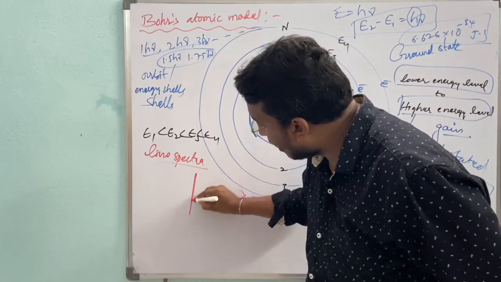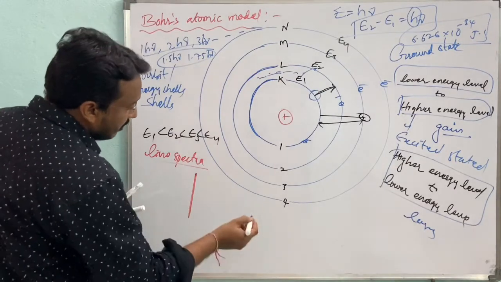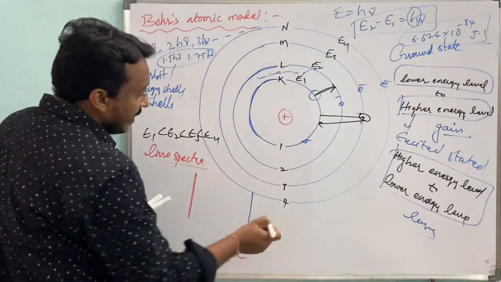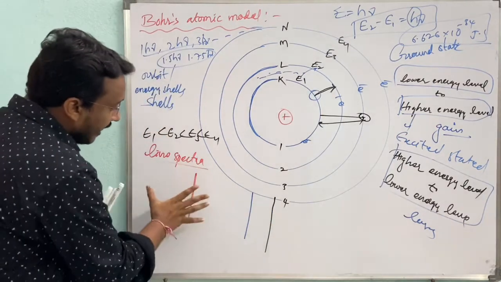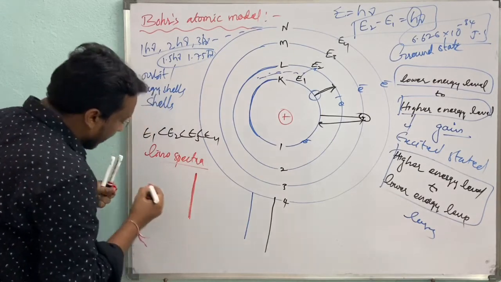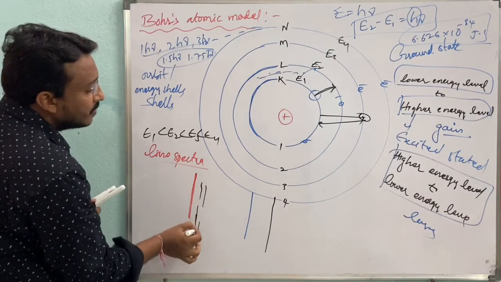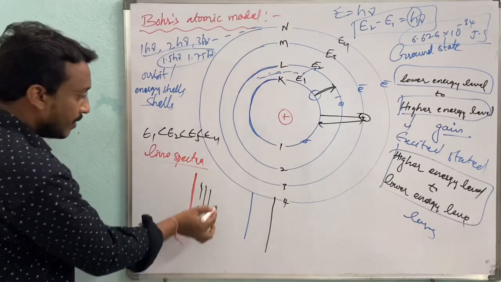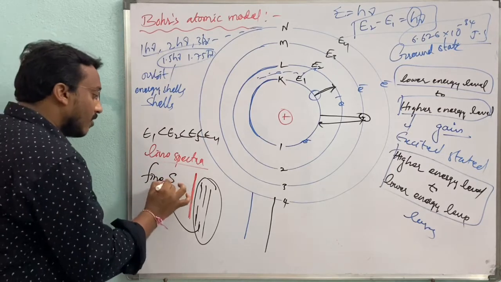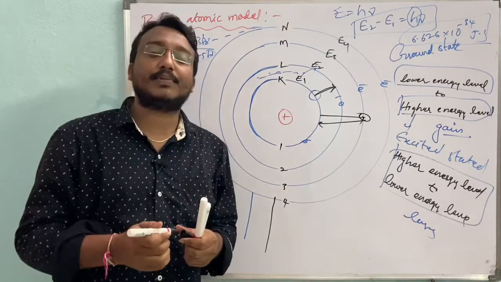For example, this is a line spectra of a hydrogen atom, as we have in the textbook. When we observe with a high magnified spectrum, this one line splits into other small fine lines, which is called fine spectra.